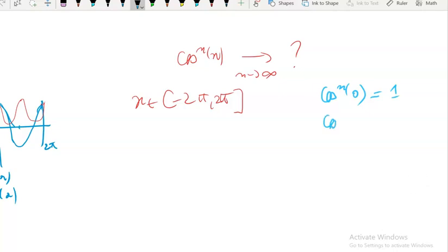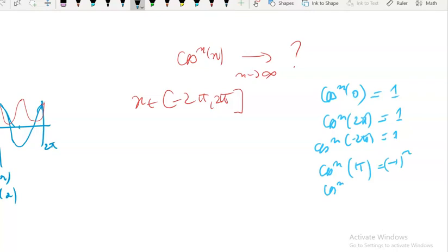We have the same for 2 pi, for minus 2 pi, and, well, what are the other values we can find? For pi and minus pi, we're going to have (-1)^n. For pi over 2, we're going to have 0.